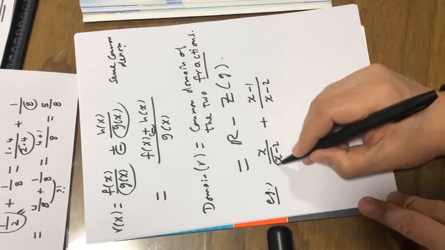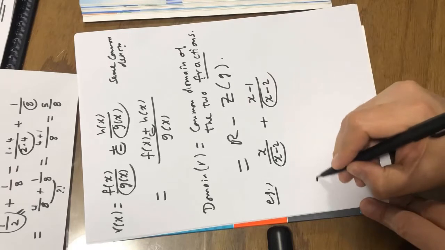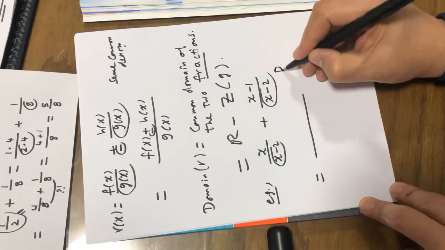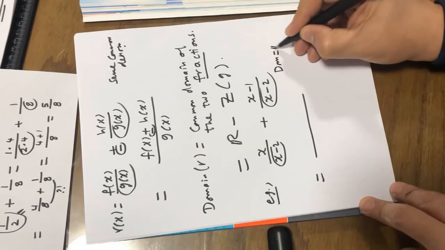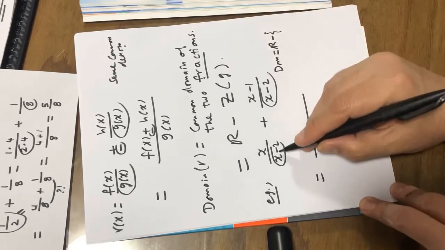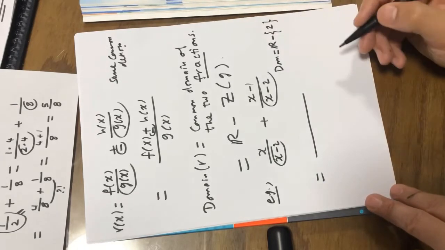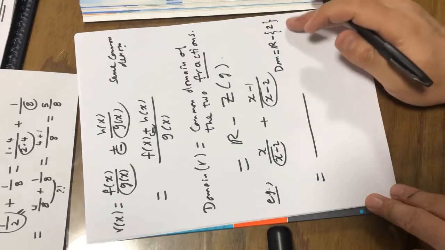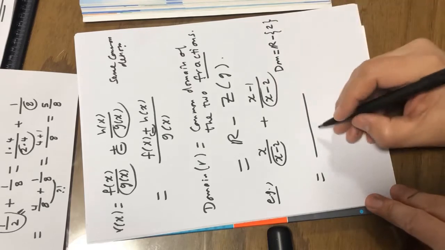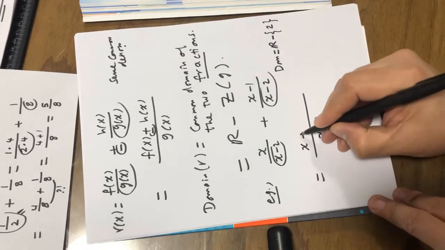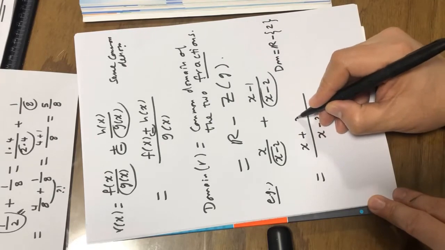We have the same denominator, so we put it like this. The domain equals R except for what's excluded here, 2, not negative 2, it's 2. Here and here the same point to be excluded.